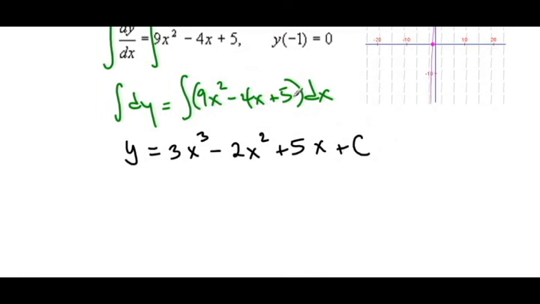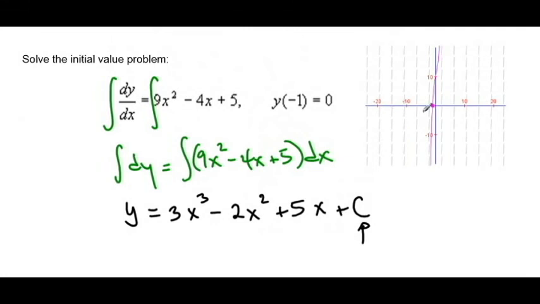However, we actually want to find what c is. We need c because we want to find a very particular solution here. But of course, they've given us some information. Namely, we have a point, -1, 0. Now, if you look at the slope field that we have, -1, 0 is right here.